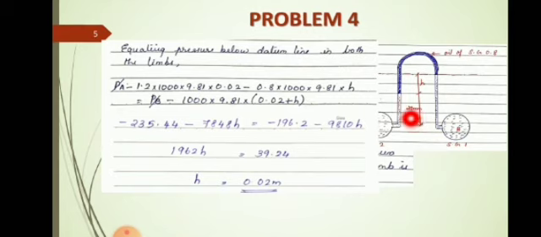So 20 millimeters you have to convert into meters, 0.02 plus h. Now PA and PB are the same. It is given in the question, so we can cancel PA and PB. Now you will get an equation in h alone. Solving the equation, you will get the value of h as 0.02 meters. So the differential manometer reading is 0.02 meters.